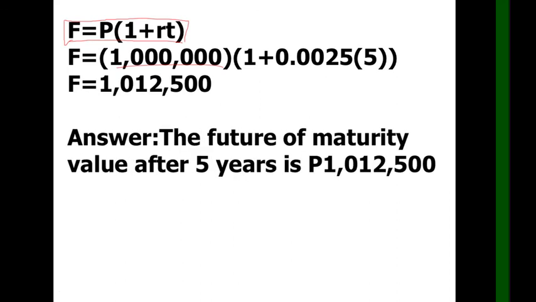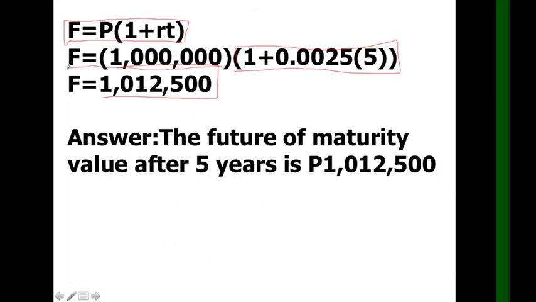Okay? So kung di naman nakukuha ng calculator ninyo, pwede naman na i-type nyo muna ito sa calculator. So, we have 0.0025. Pwede nyo akong sundan. Ulitin ko, 0.0025 times 5. Click equals. Plus 1. Click equals. Times 1 million. Click equals. You will get 1,012,500.